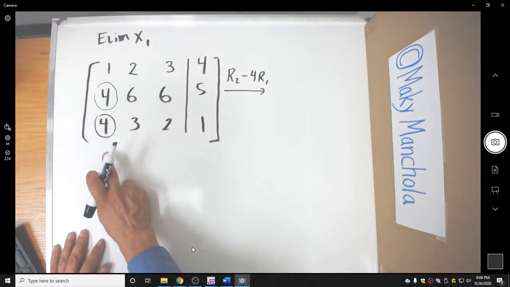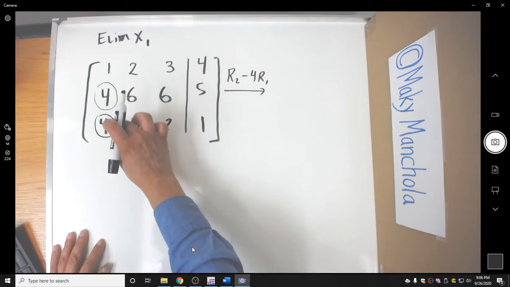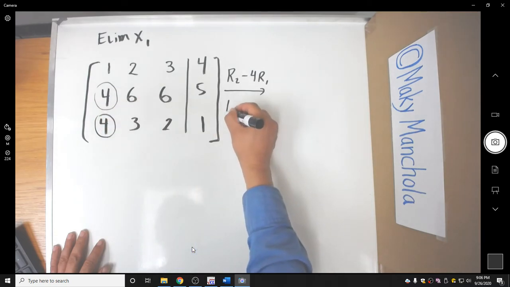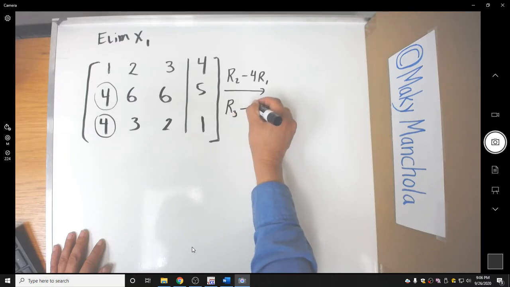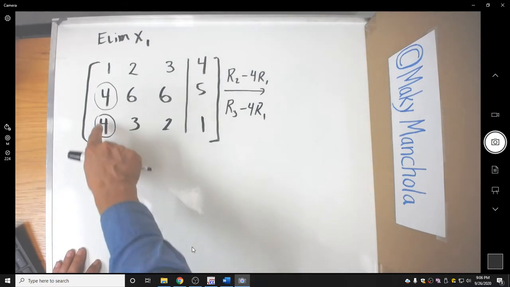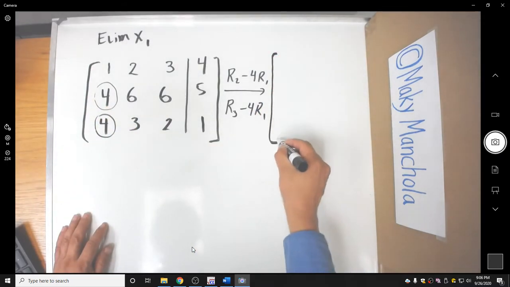I can apply a similar elementary row operation by saying R3 minus 4R1. So I'm doing two elementary row operations at once here just to get rid of these 4's.